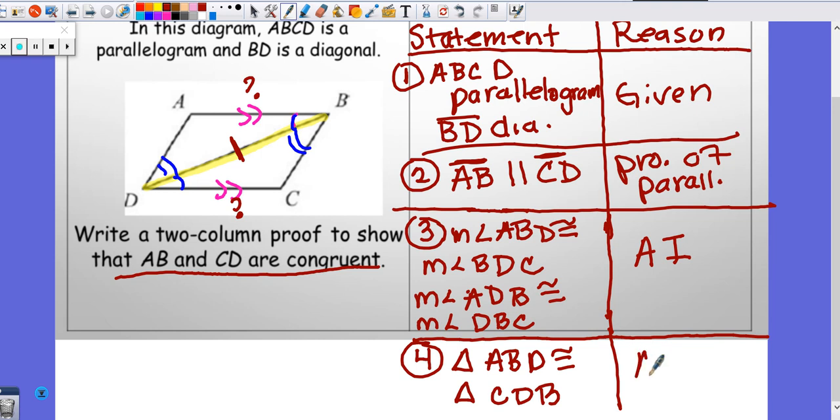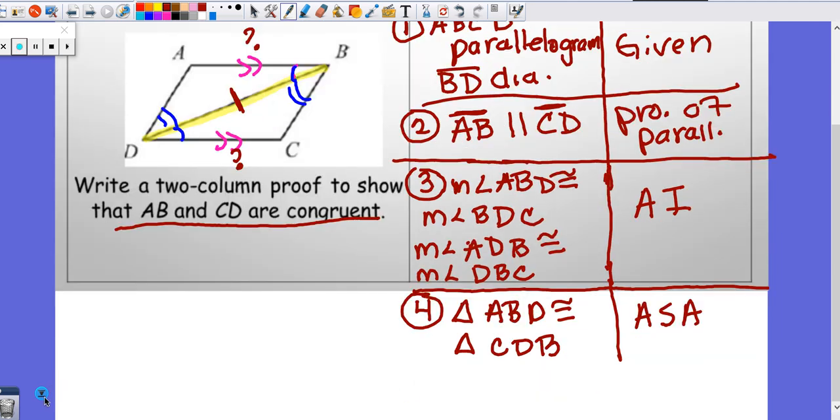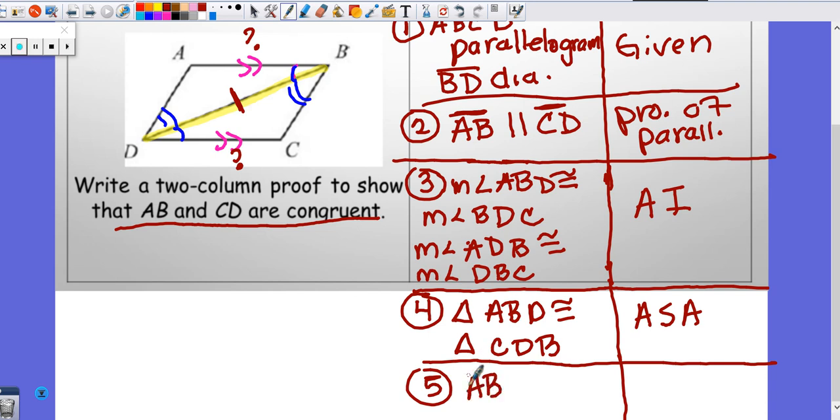So they're congruent by angle, side, angle. And now we're back to what we know. Since we proved these triangles are congruent, now we can say line segment AB is congruent to line segment CD by CPCTC.